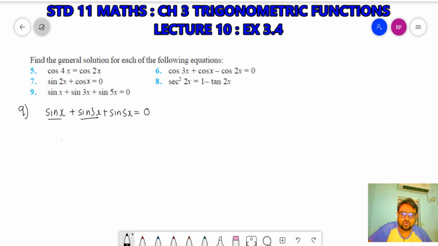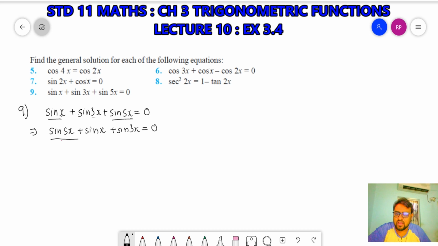But instead of these two, if I use sin x plus sin 5x, then x plus 5x, 6x by 2 will be equal to 3x. So we can take common. So what I am doing, I am rearranging it, sin 5x plus sin x plus sin 3x equal to 0.